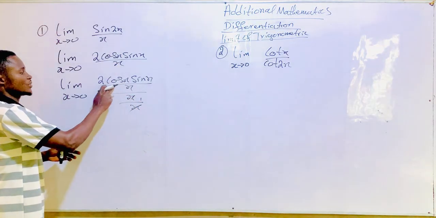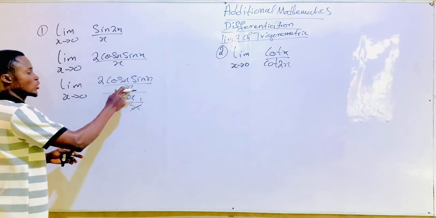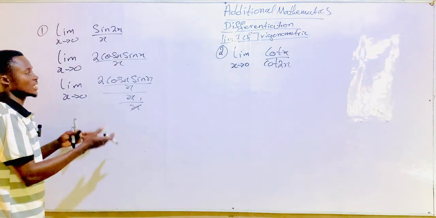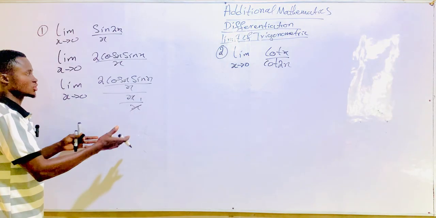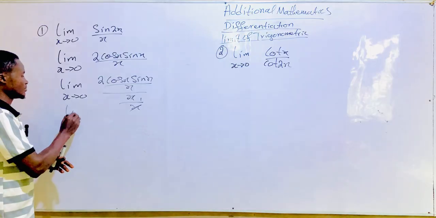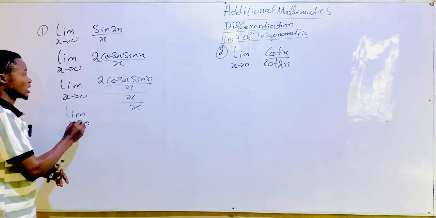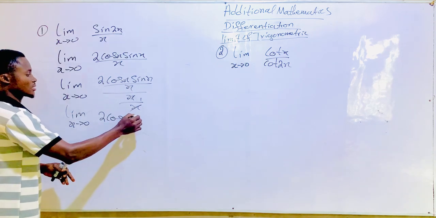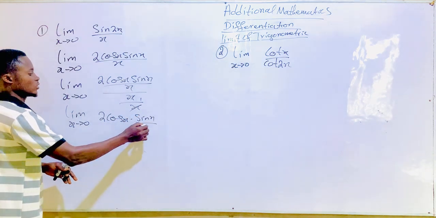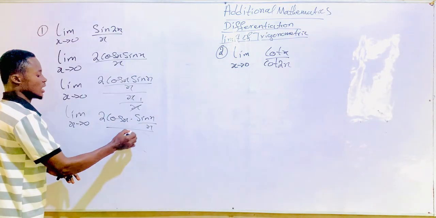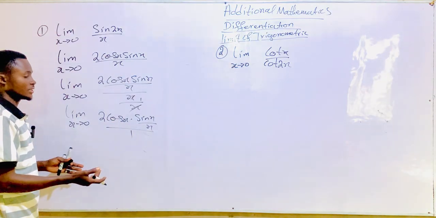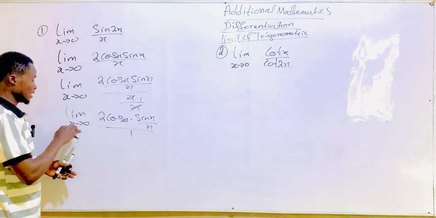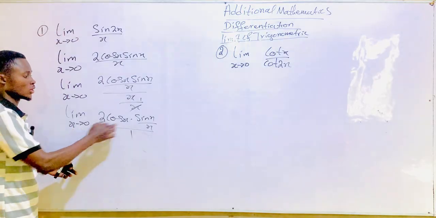So from here we have 2 cos x sine x all over x. We have to rewrite this to suit the limit approach, which is going to be the limit as x approaches 0 of 2 cos x times sine x all over x, all over 1. From here we know that the limit of sine x all over x as x approaches 0 will be 1.